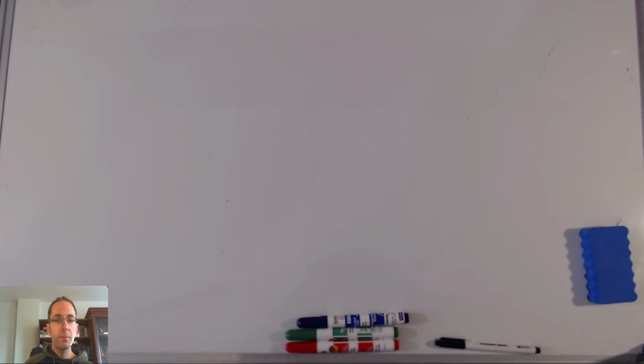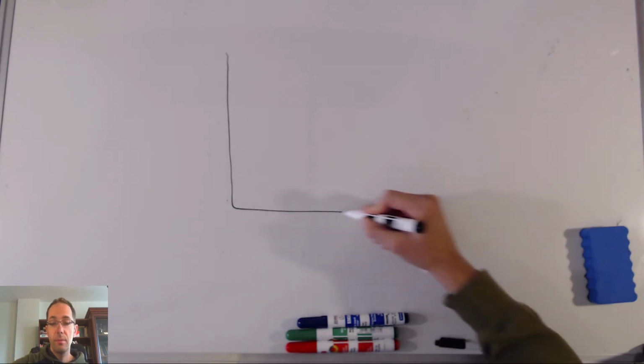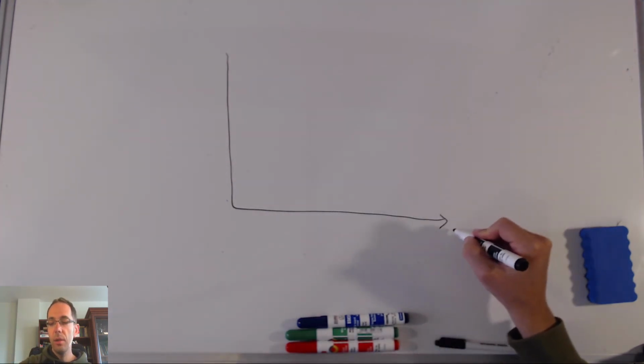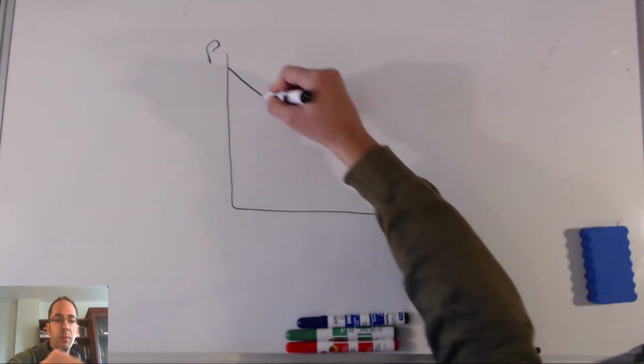If instead of drawing all these three diagrams, we want to draw just a single diagram that illustrates the demand, the price elasticity of demand, and total revenue, we can do it this way. So this is my quantity and price, and this is my demand curve.